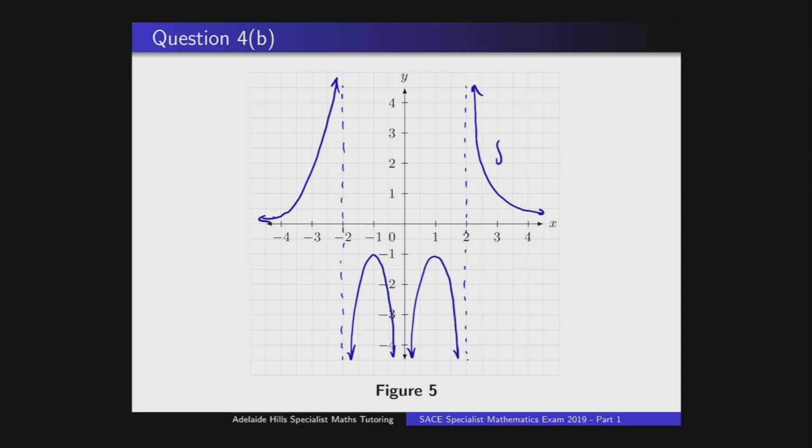And this is the graph of y equals f of the absolute value of x. Okay? And this is an even function. You can see whatever happens on the right-hand side, the same thing happens on the left-hand side. So that's the plot that we need to do there.